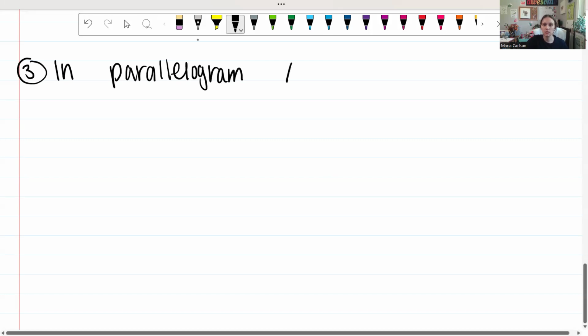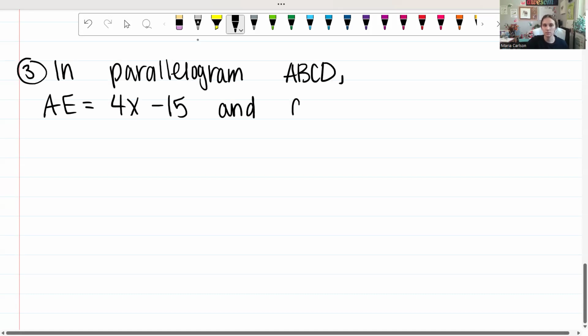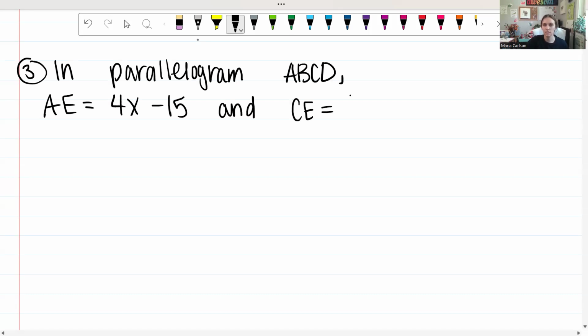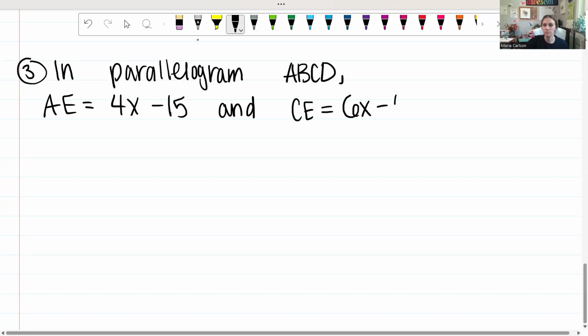In parallelogram ABCD, AE equals 4x minus 15, and CE is equal to 6x minus 15. What is AC?